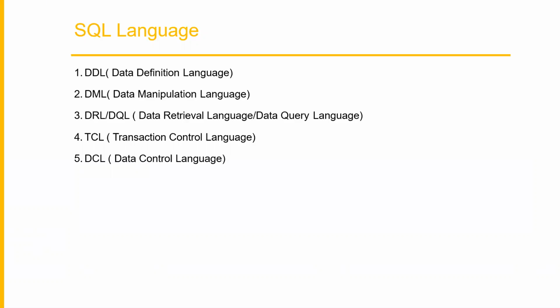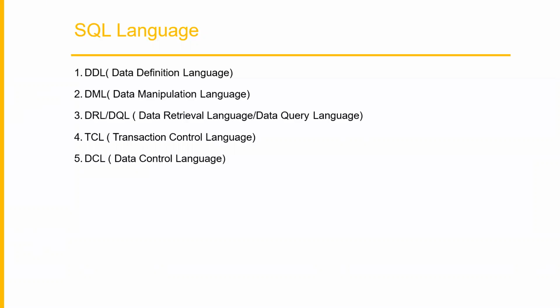So whenever we are working on the structure of the object, whatever commands we use to define the structure of the objects all come under the data definition language. And DML is data manipulation language.